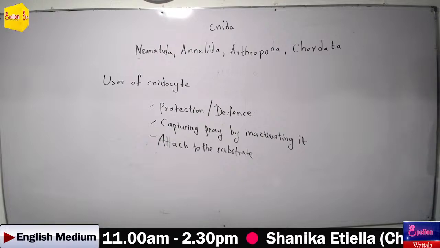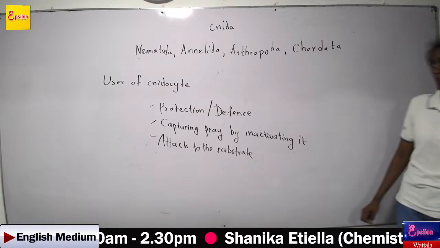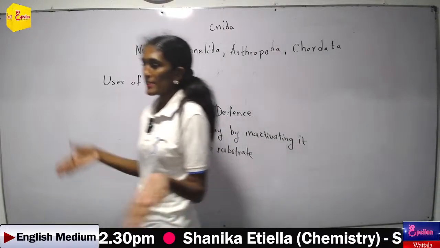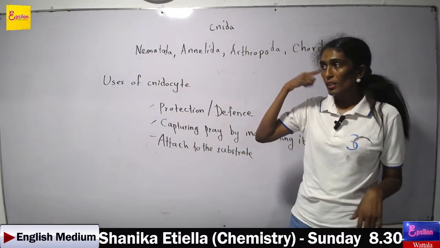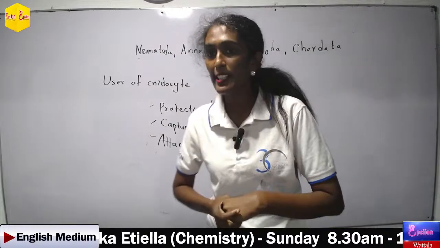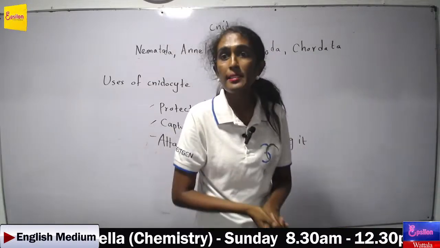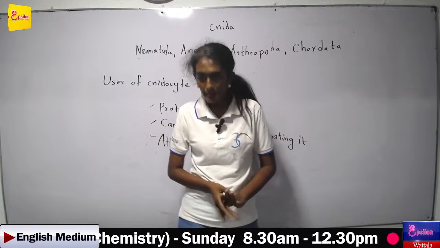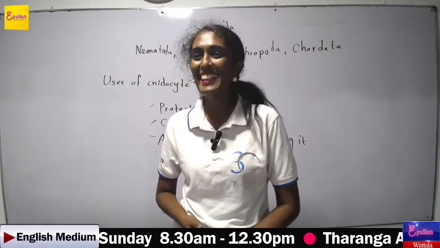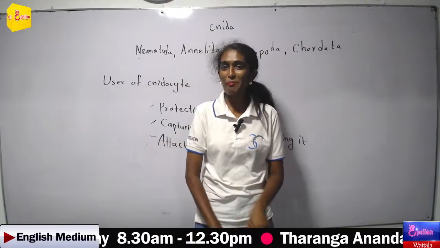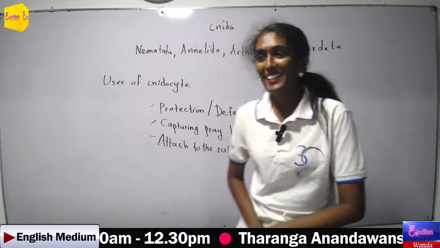Yes, dorsal side of the body. The opposite is ventral, right? All right, then what is the mode of reproduction of cnidarians? Sexual and asexual. Yes, correct. Very correct. Budding. Very good, Savin.